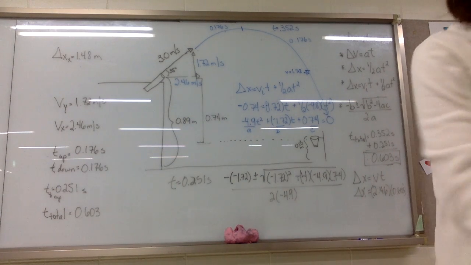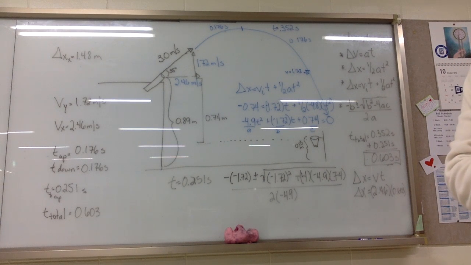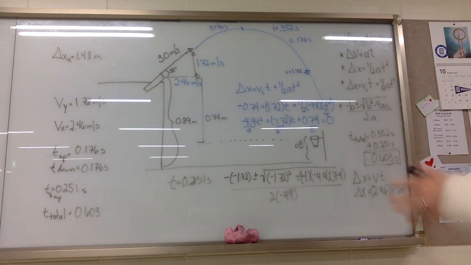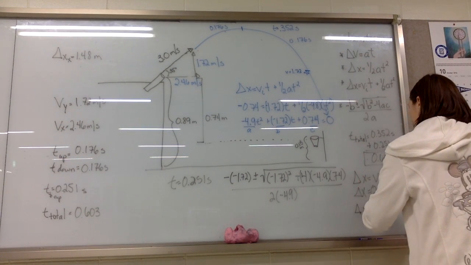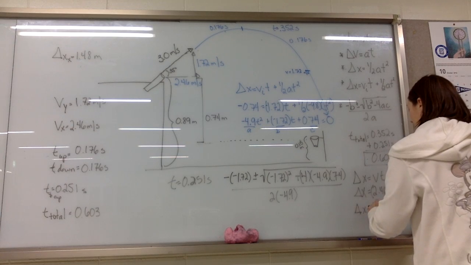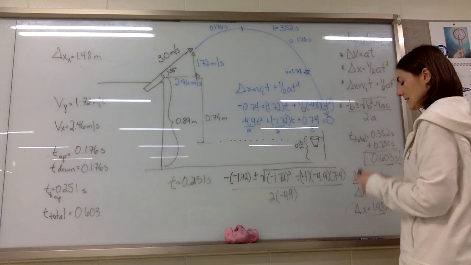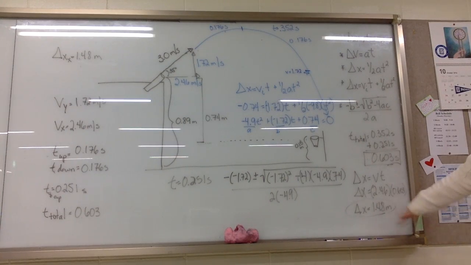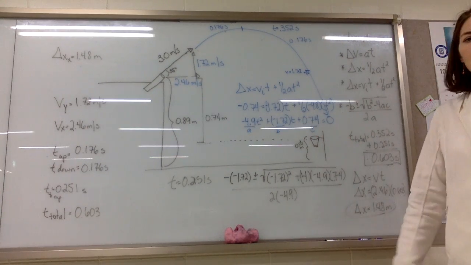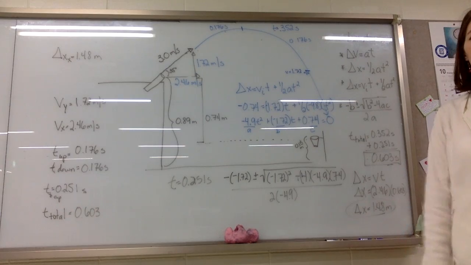And when I do that, I get 1.48 meters. So therefore, I need to place my cup 1.48 meters away from where it is going to be launched. At least have the center above that.